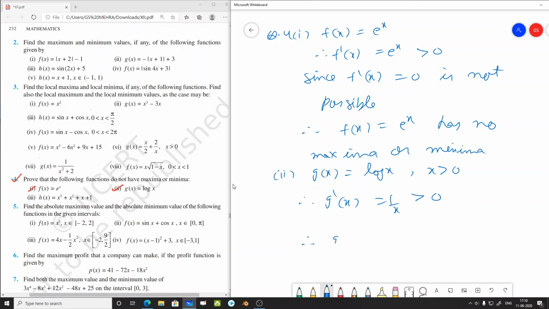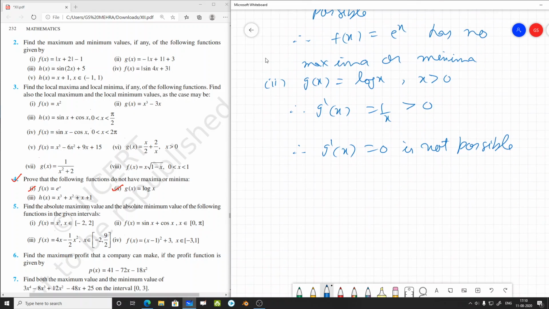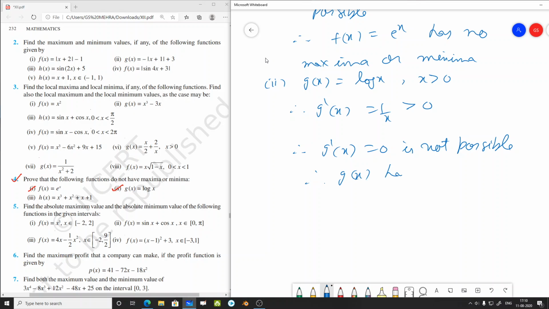Therefore, g dash x equal to 0 is not possible, and therefore we can say that g(x) has no maxima or minima. So this is how we have done the second part.